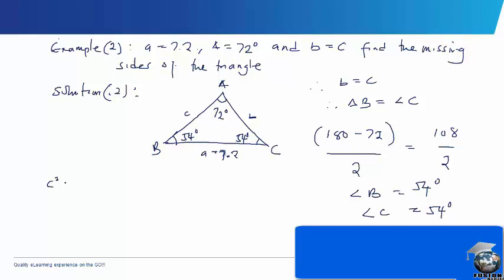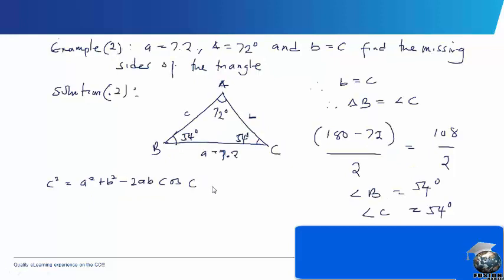Therefore we define c squared to be equal to a squared plus b squared minus 2ab cos C. But can this actually work?